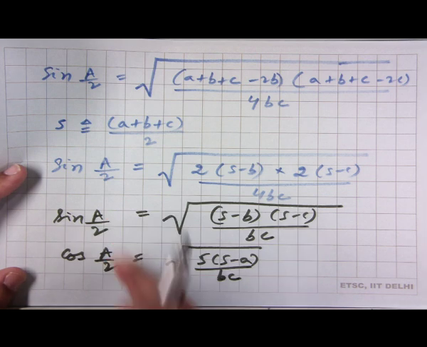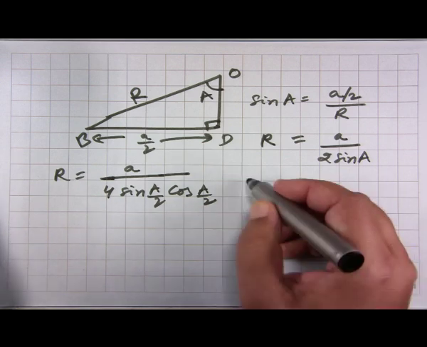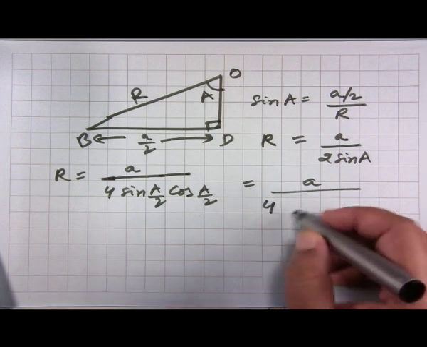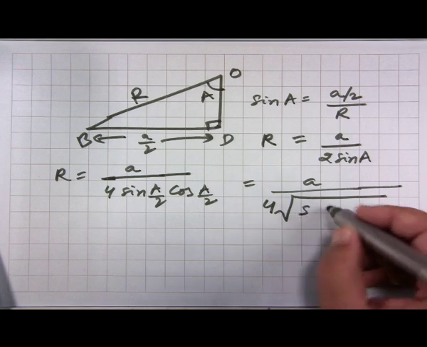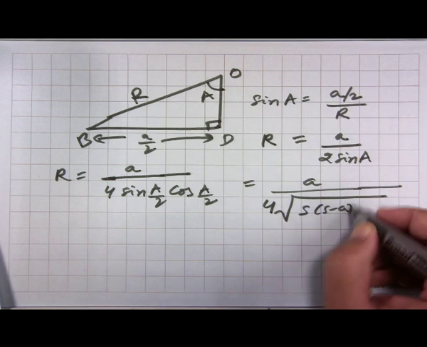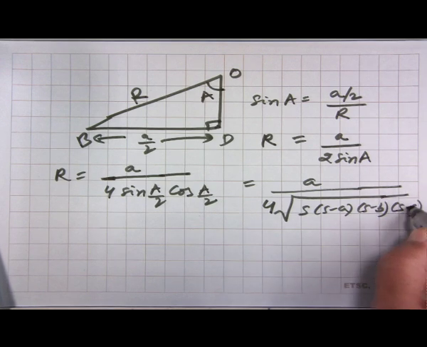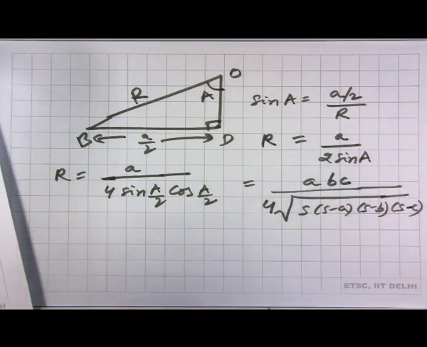So, the product of sine A by 2 and cos A by 2 will be equal to a upon 4 into the square root of s into s minus a into s minus b into s minus c, and then bc is going to go in the numerator.